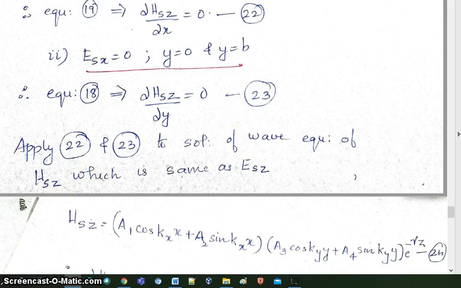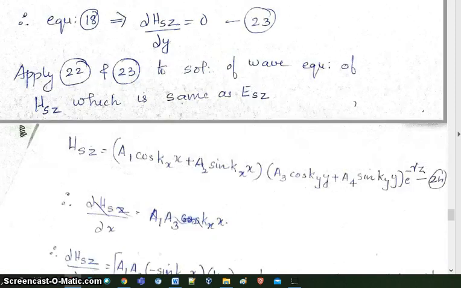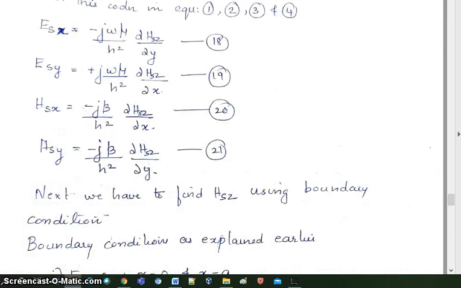Now using 22 and 23 we can solve for Hsz, and finally we will get Hsz as equation 24, which is the same as that of Esz, that is this one.